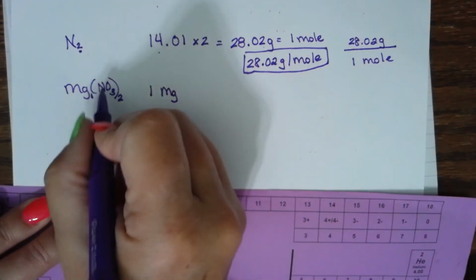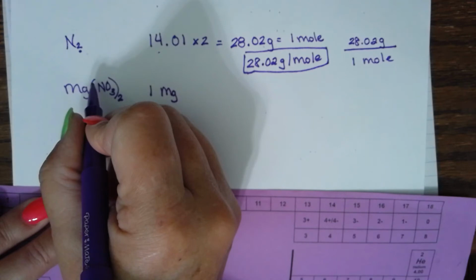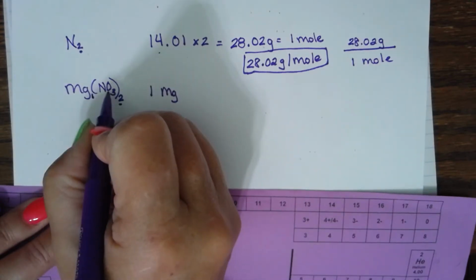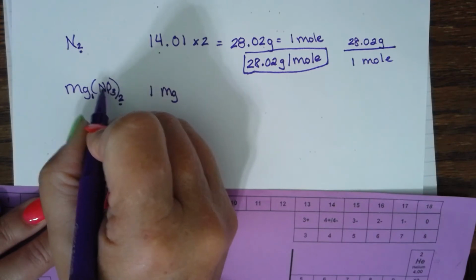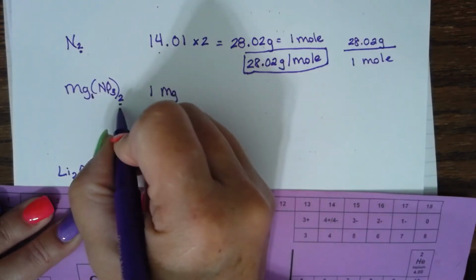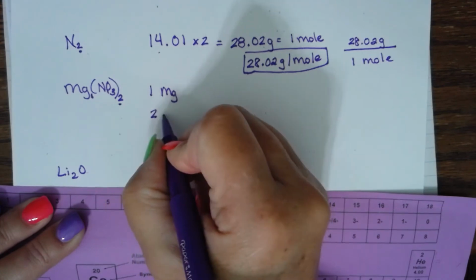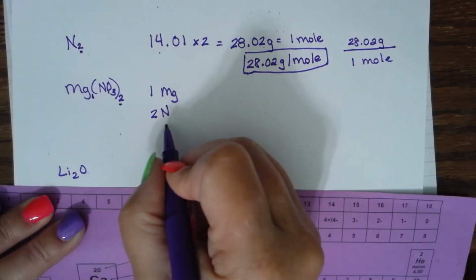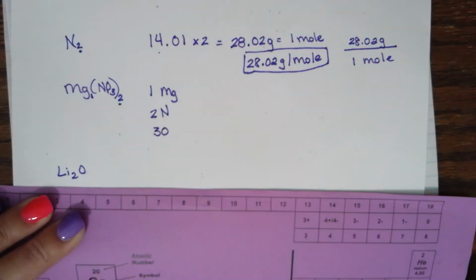Inside of our brackets, we have nitrogen and 3 oxygen. However, this 2 is going to multiply. Since there's 1 nitrogen, that 2 tells us we have 2 nitrogen. And for oxygen, we take 2 times 3, so 6 oxygen.